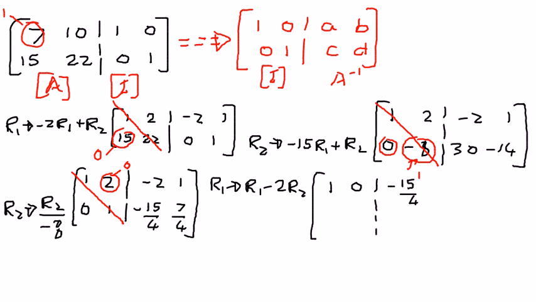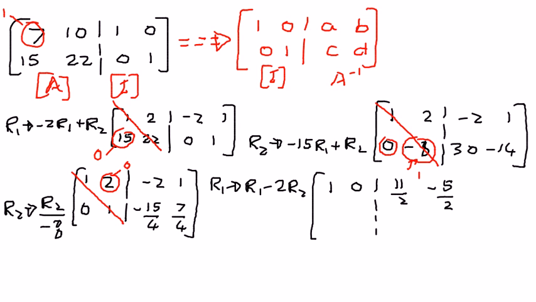Then 1 minus 2 times 7 over 4 simplifies to negative 5 over 2.